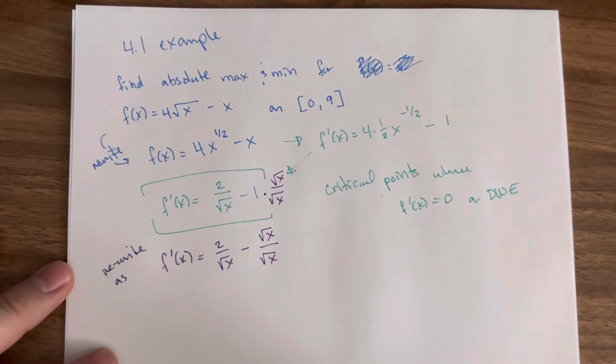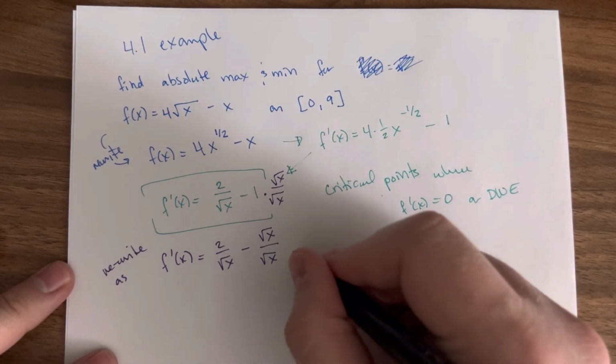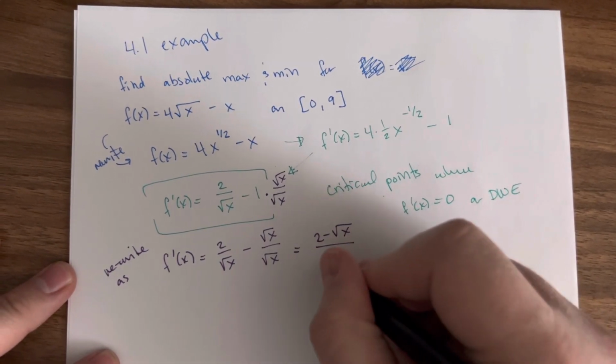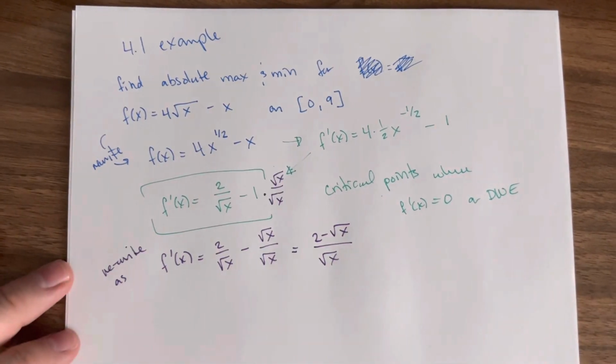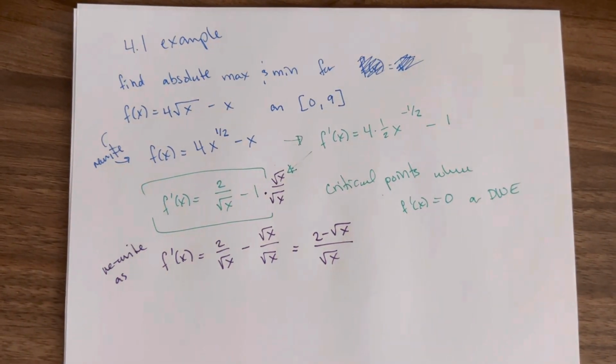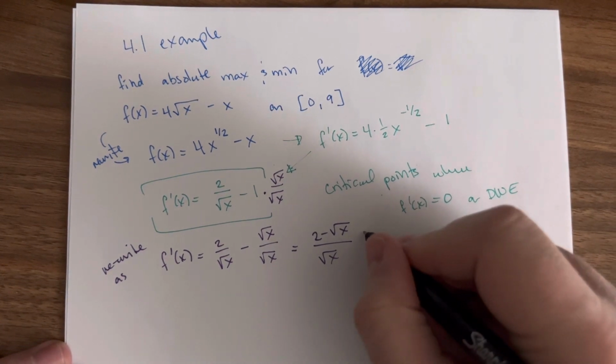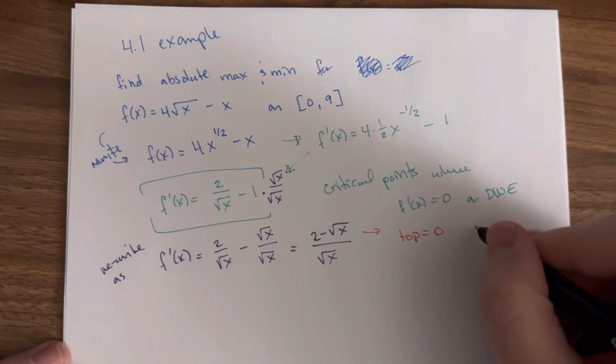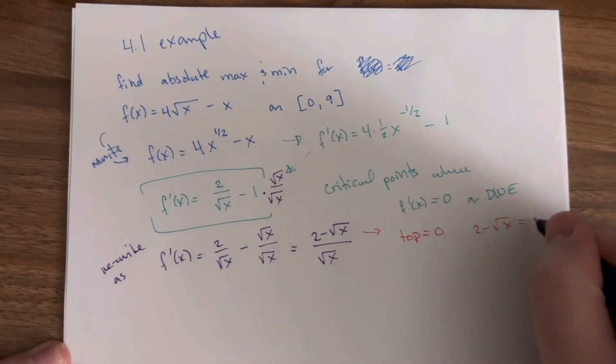So 2 over root x minus root x over root x. And so that would be essentially 2 minus the root of x all over the square root of x. So that combines these both into one fraction. And that is helpful for counting critical numbers, because we can separately say, when is the top equal to 0? 2 minus root of x equals 0.